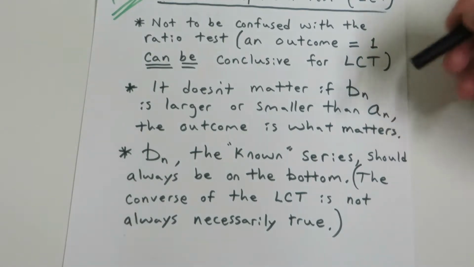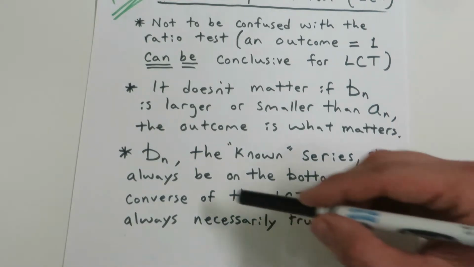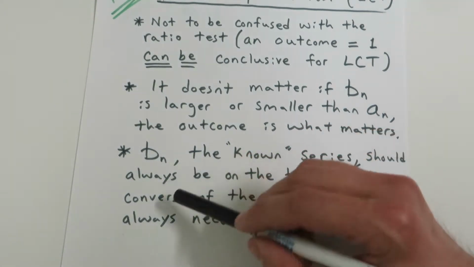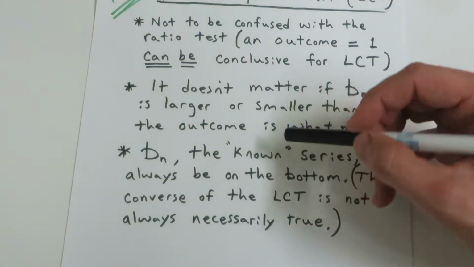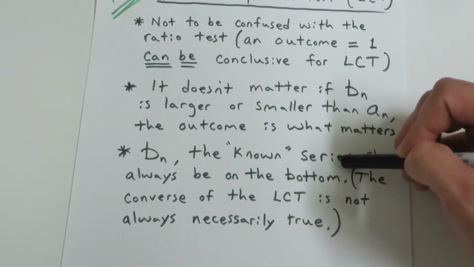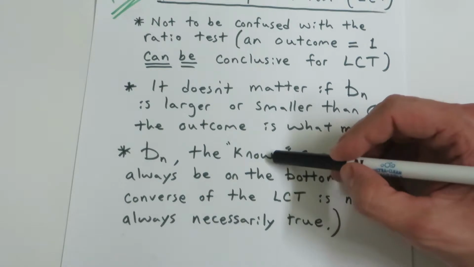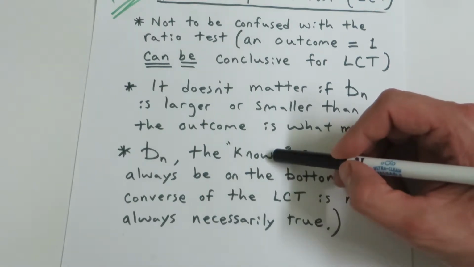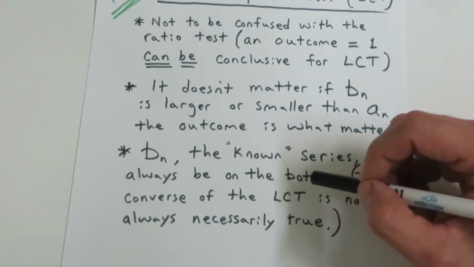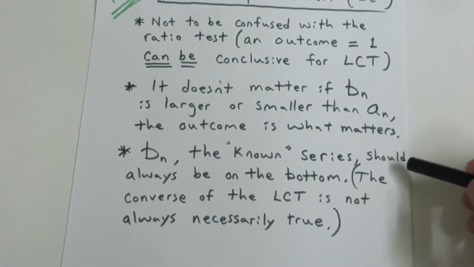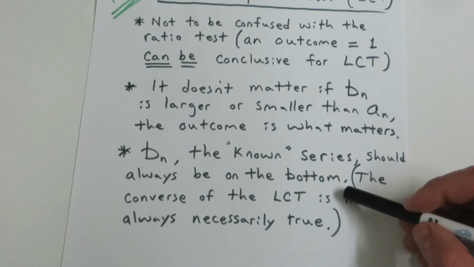and see if you are able to meet one of the cases that we looked at. The third tip that I have for you is that the one on the bottom, b sub n, is going to be the known series. This is the one that we know whether it converges or diverges before we try our limit comparison test. So this should always be on the bottom.